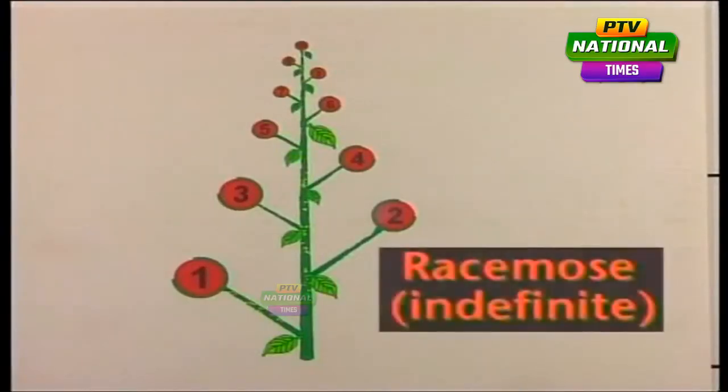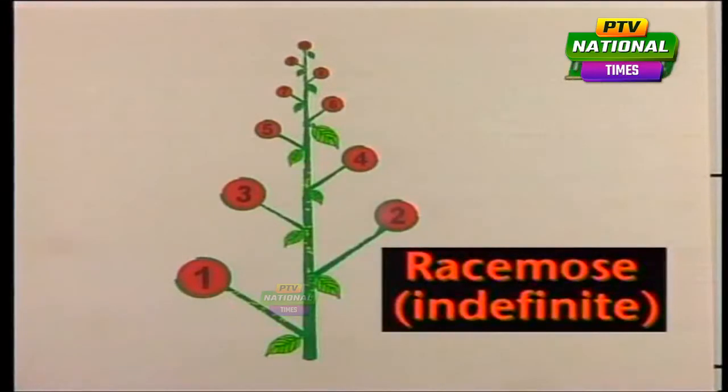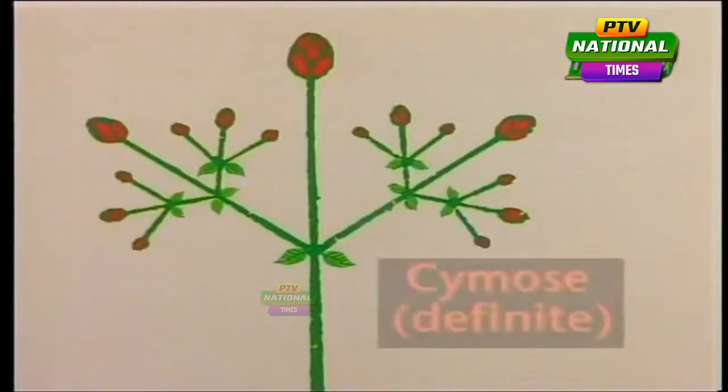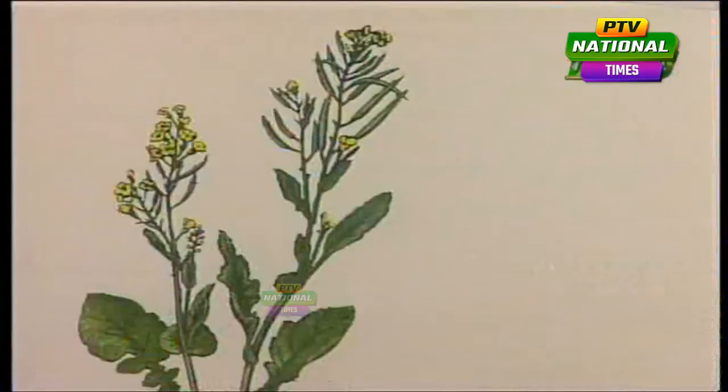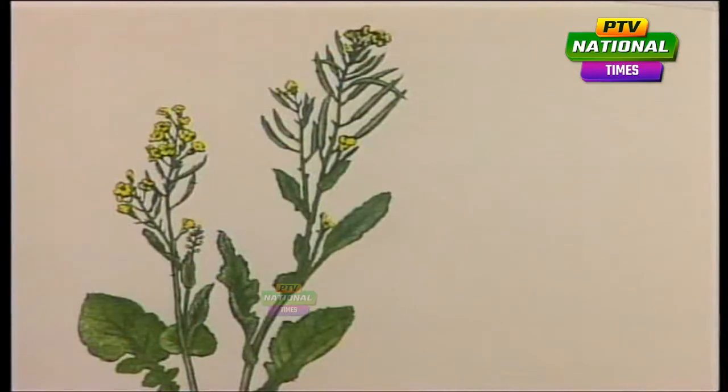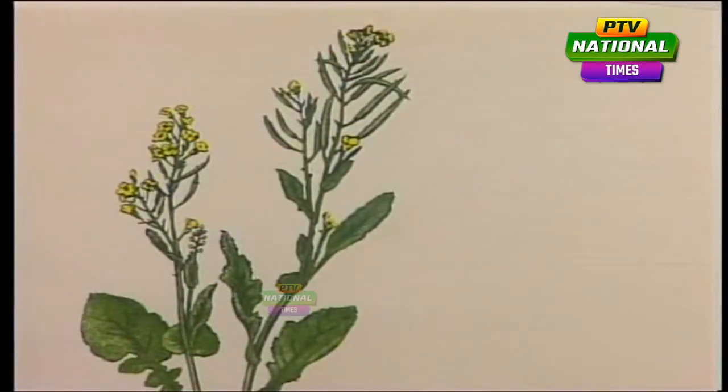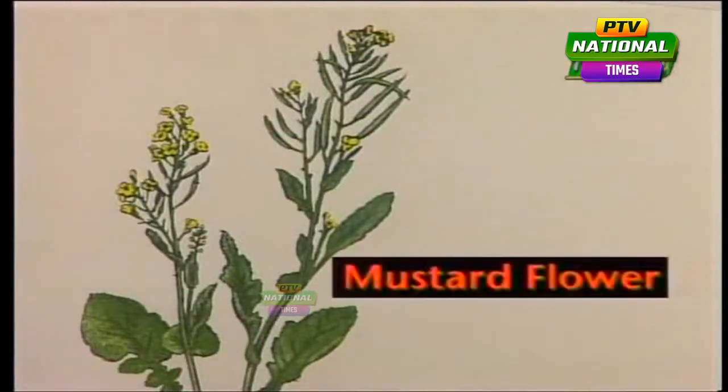One, the racemose, or indefinite inflorescence, and secondly, cymose, or definite inflorescence. In racemose inflorescence, the main axis or shoot continues to grow indefinitely, producing flowers laterally. The lower, older flowers open before the younger, upper flowers. And a good example of that is the mustard flower.